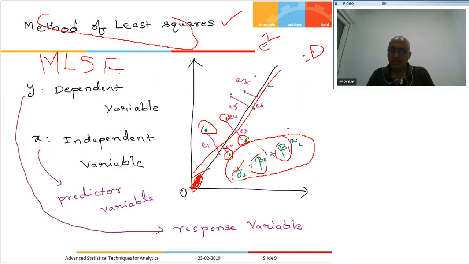Suppose you want to establish a relation to estimate the salary hike. In general, salary hike depends not on only one parameter. Maybe one is your performance, your team's performance, and your organization's performance.